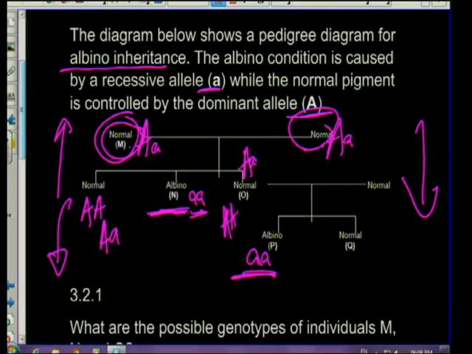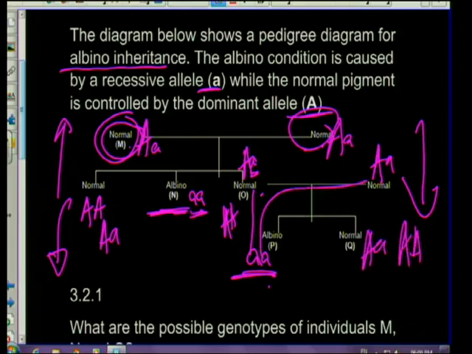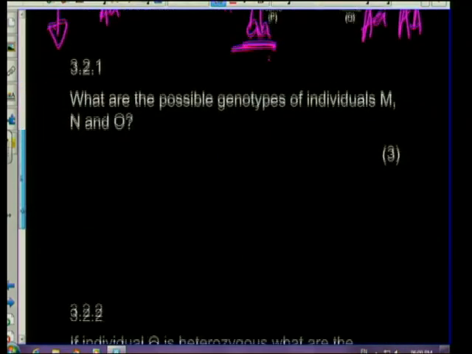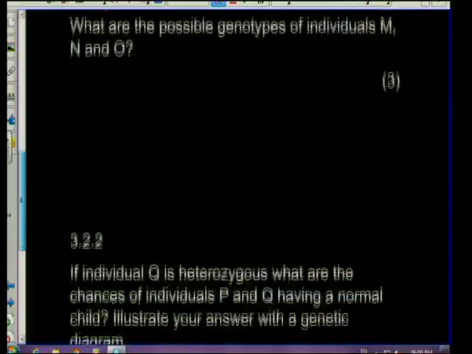But now, this one here is normal and has to have a small a there, and that one also has to have a small a because this child has one from there and one from there. This one here, we won't know whether it's AA or Aa. I've done all that on the story there, so I don't have to go into the details.